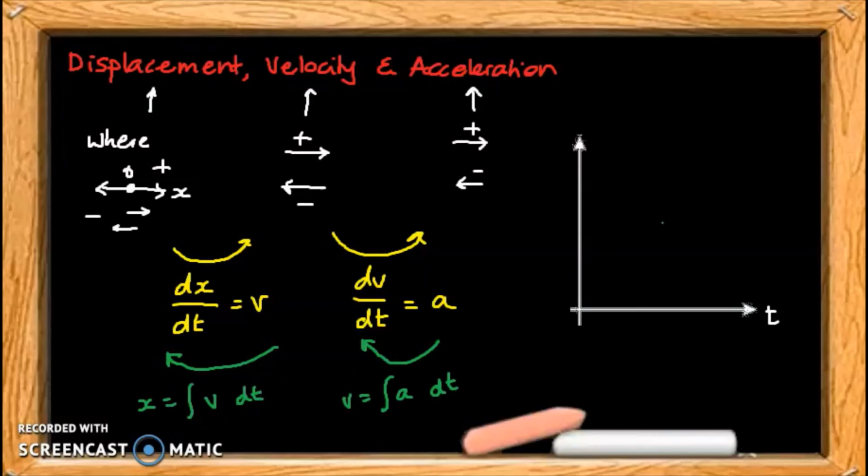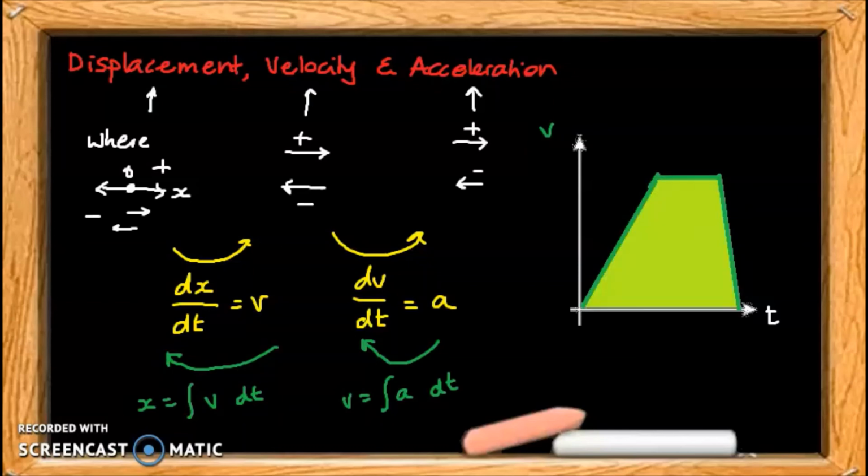The way that manifests itself on a graph like this is to look at the area under the curve. So if I had, let's say for argument's sake, a velocity and time graph, and it looked something like this, then my displacement, which is my antiderivative, would be the area under this curve that I've just coloured in light green.